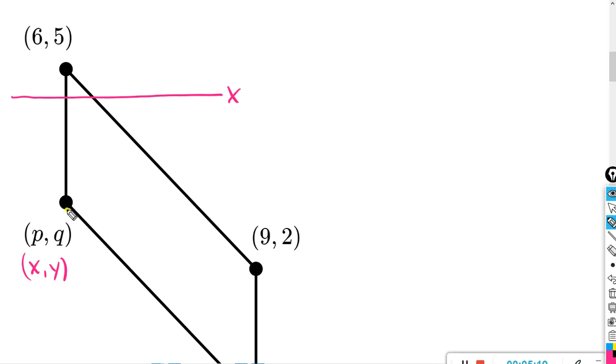All right. So the x-coordinate for this point is going to match the x-coordinate for this point here. You see, if we went through the x-axis, it would be at the same point on the x-axis. So this is 6 right here. That means P is going to equal 6 as well.